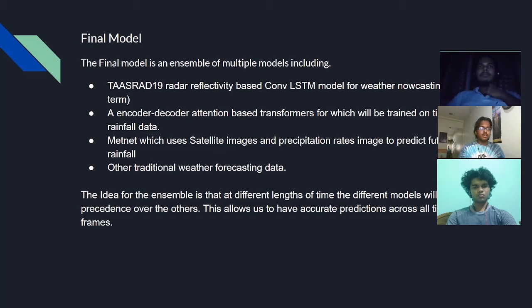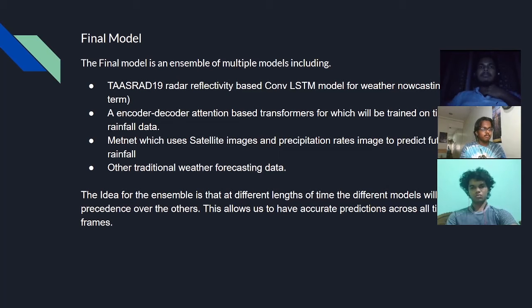And we'll also be using other models like an encoder-decoder attention-based transformer, which will be trained on time series rainfall data, a MetNet trained on satellite images and precipitation rates, and also some part of traditional weather forecasting data. The idea of using an ensemble is that our predictions vary with different lengths of time, and each model is effective at predicting at a certain time in the future.